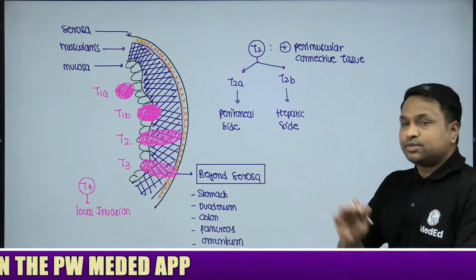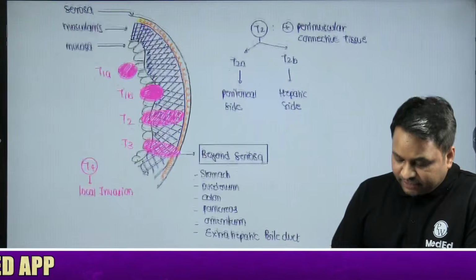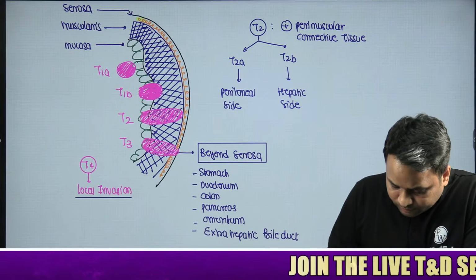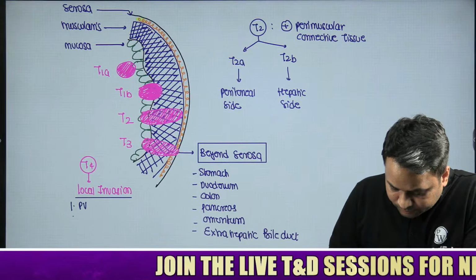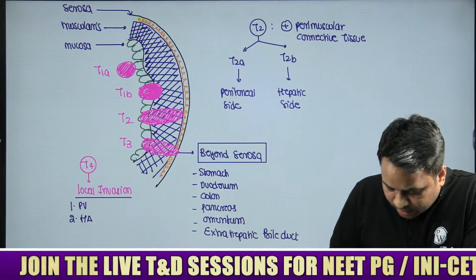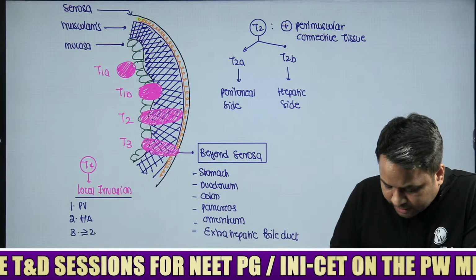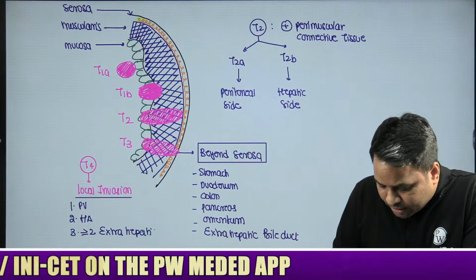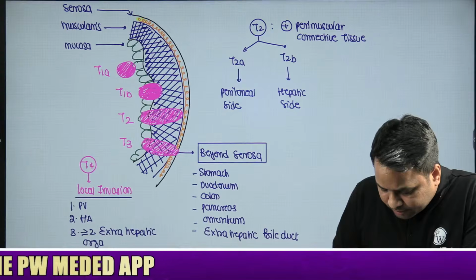So these are the structures which can involve in T3 disease. T4 is a local invasion into number 1, portal vein, hepatic artery, or more than or equal to 2 extrahepatic organs.